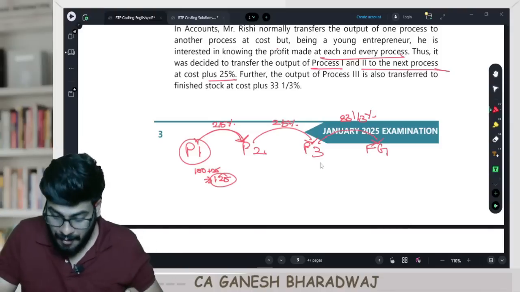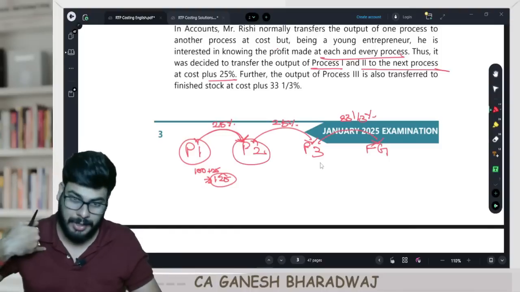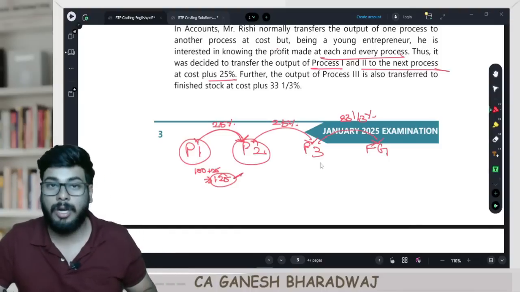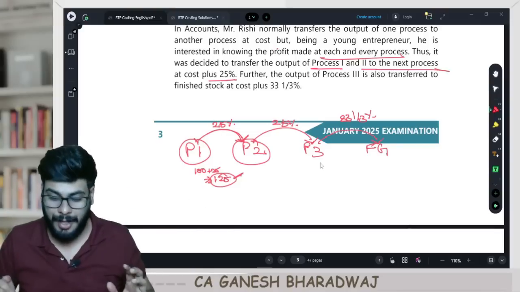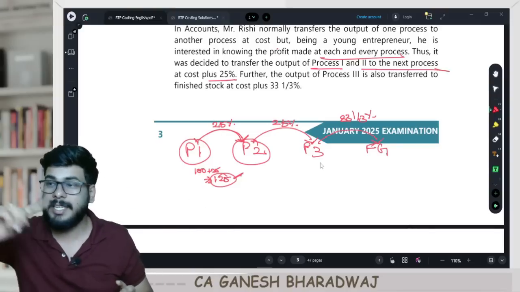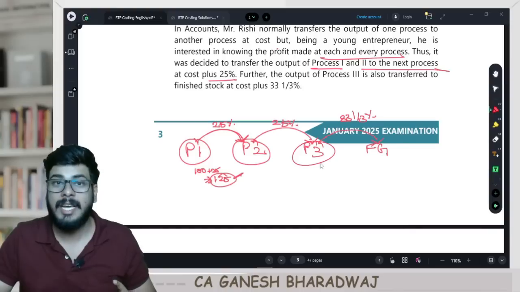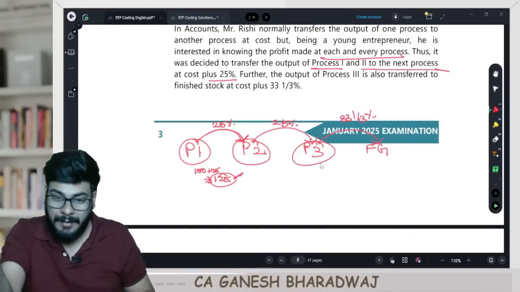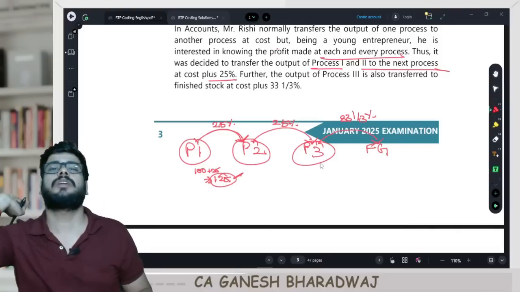Now remember, from the perspective of process 2, the cost is what? 125, because it is receiving at 125. Now, whenever it is transferring its output to process 3, it will calculate at 125 rupees plus 25% on 125 rupees. Are you clear with this?